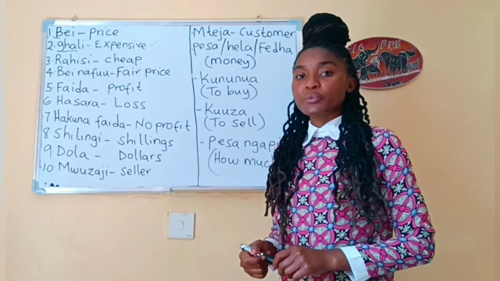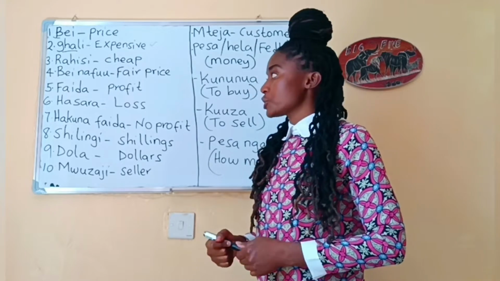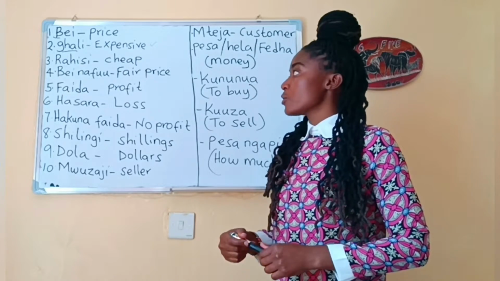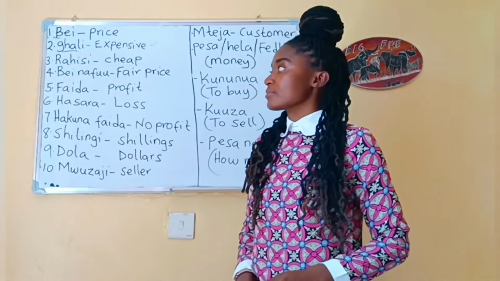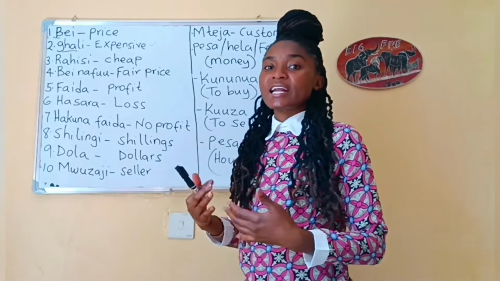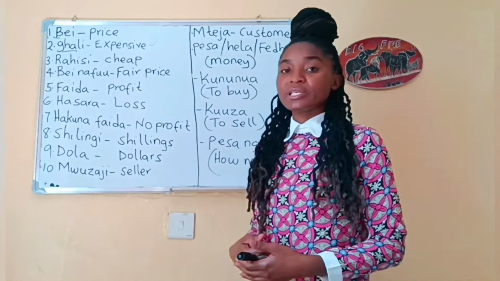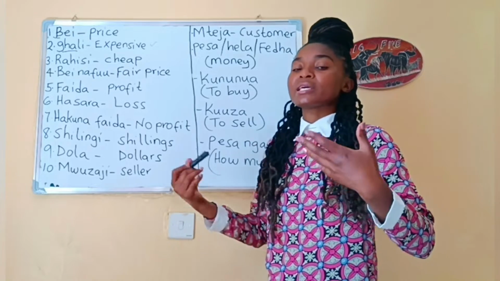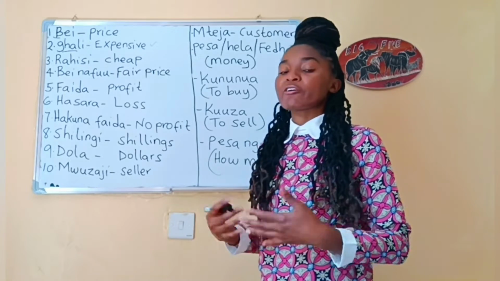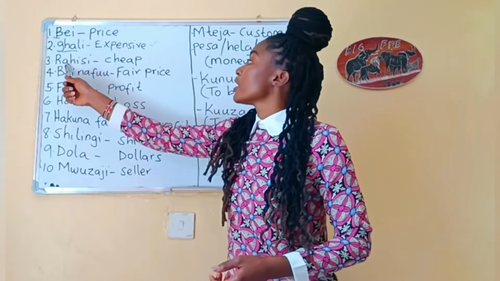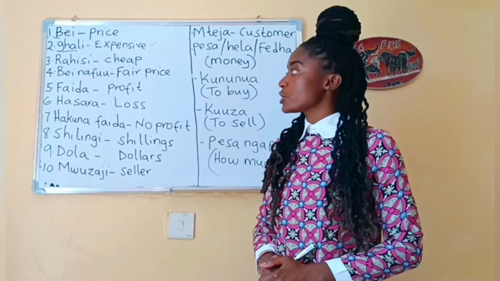Then let's go to cheap. If the price of the particular commodity is cheap, we say rahisi. Rahisi also means easy. So when something is easy, you can afford. So here it means cheap in this context.